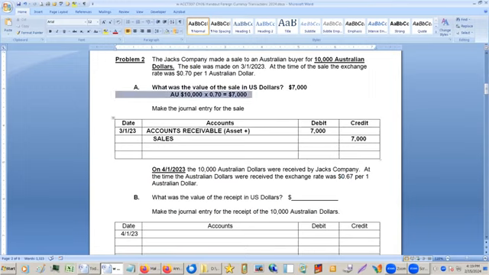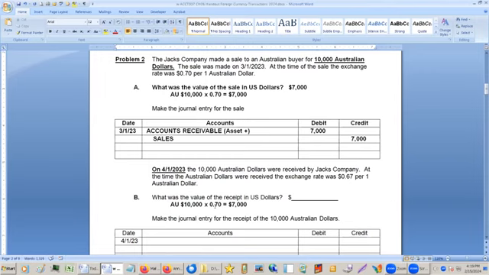Okay, so what was the value of it? 10,000 times 0.67. Okay, so that's worth 6,700.